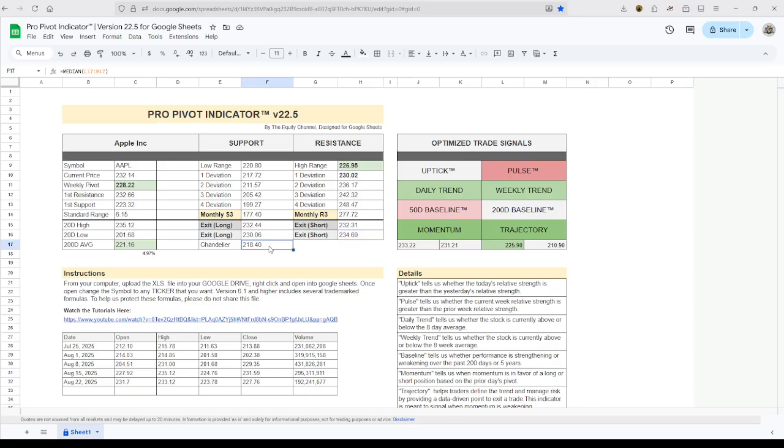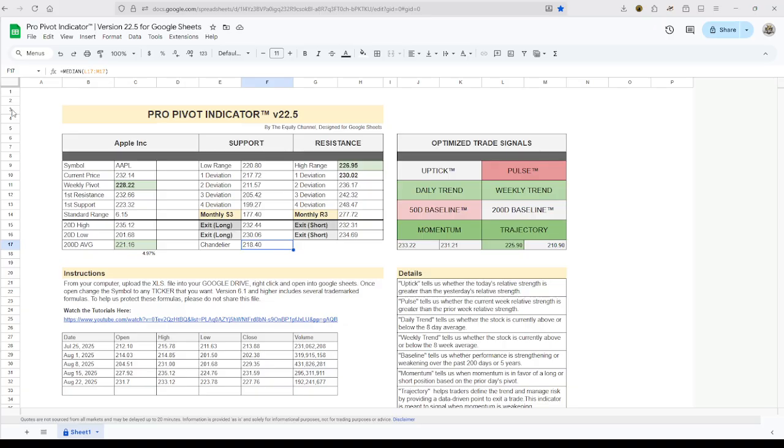Now this chandelier is the ultimate stop loss strategy. This is for my biggest trade ideas. Let's say I'm in Apple and I am thinking, I want to be in Apple for as long as Apple is bullish. For one, this is best utilized when I'm coming off of a reversal.